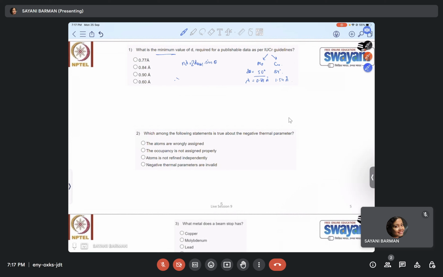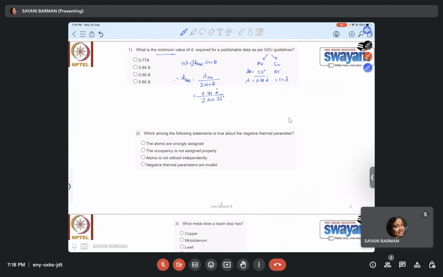And d-hkl would be lambda of molybdenum divided by 2 sine theta. That is 0.71 Angstrom divided by 2 into sine theta; 2 theta is 50 degrees, so theta is 25 degrees.